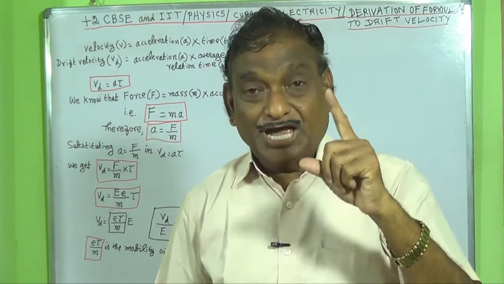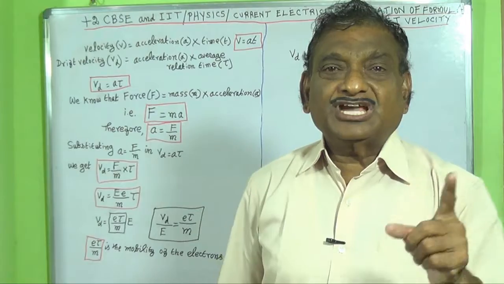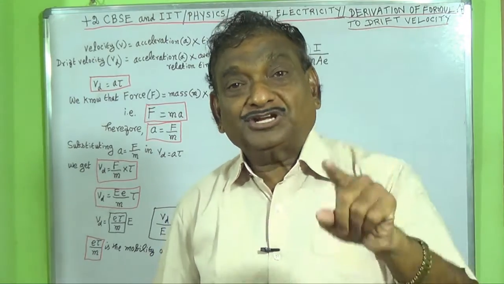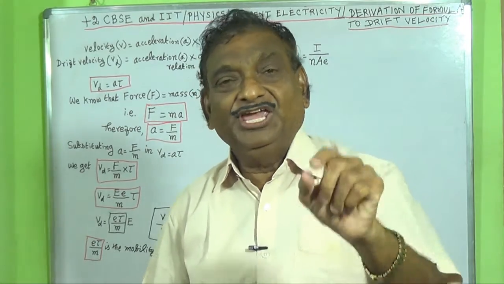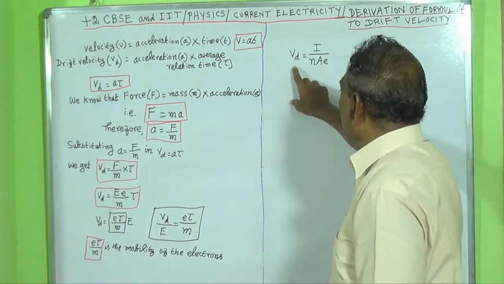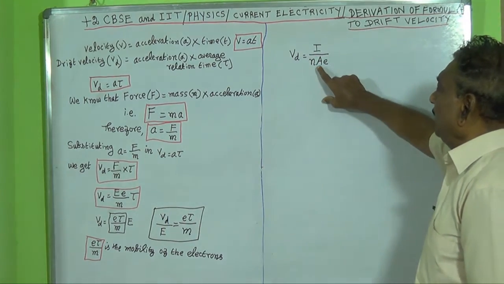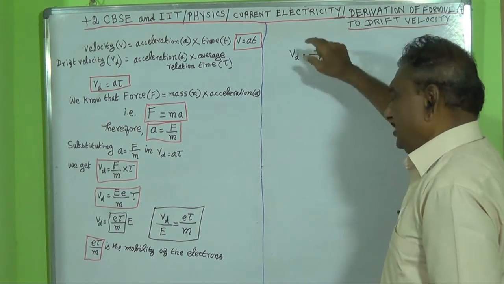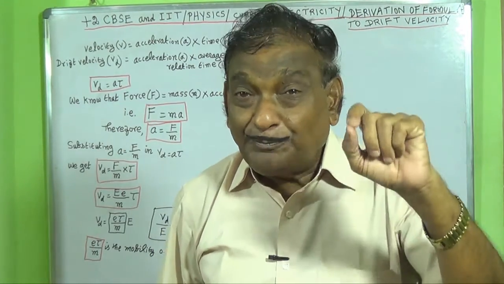So in a problem, if they give the value of current, cross-sectional area of the conductor and the number of electrons per unit volume, we can select the formula Vd equal to I by nAe. You can see the derivation of that formula in a separate video.